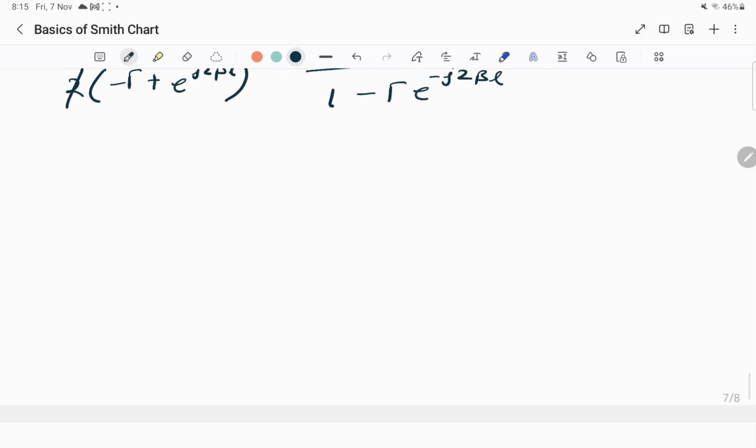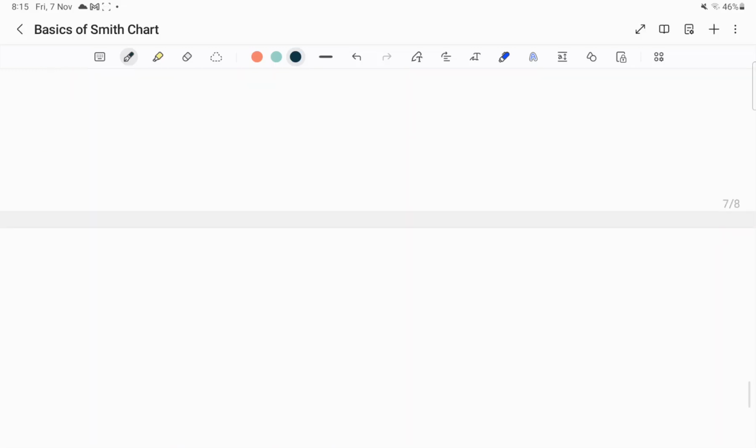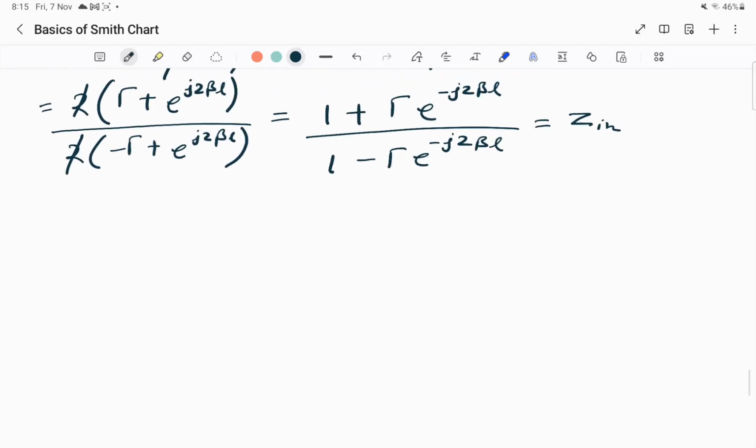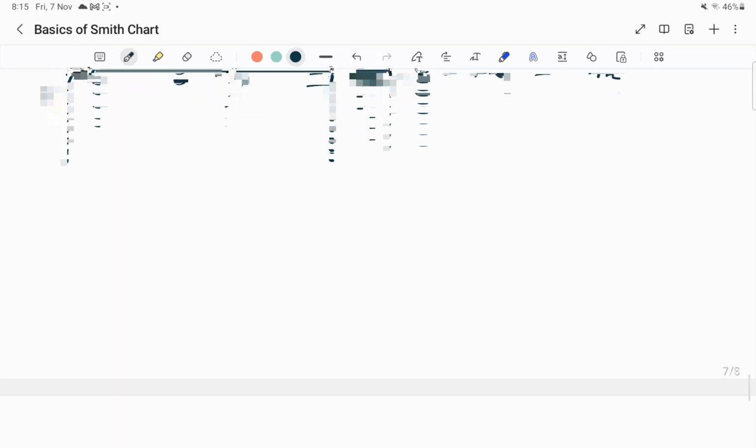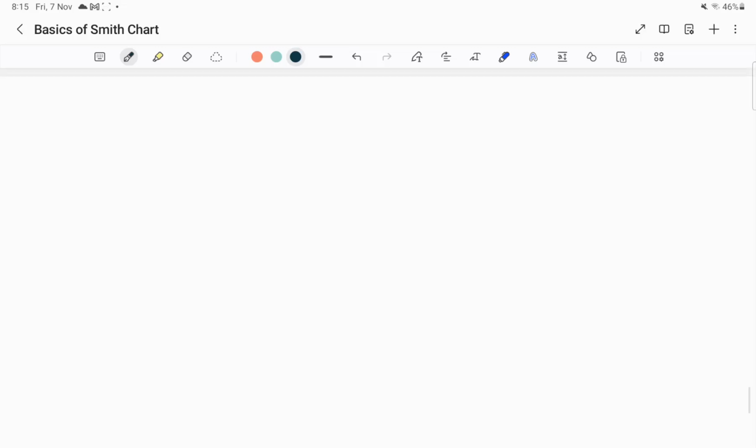Alright, now we are in a position to compare the two equations. I am going to first write the equation of the load impedance in terms of the reflection coefficient.